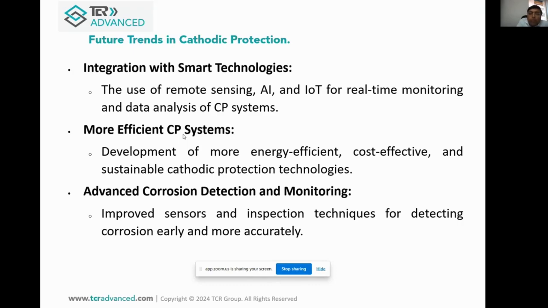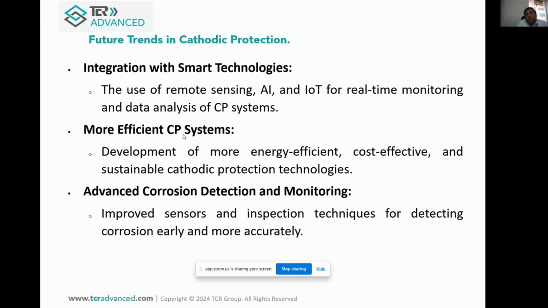Now you can improve this asset integrity of pipelines with the help of cathodic protection by implementing smart technologies. Nowadays, people are implementing it with real-time monitoring and data analysis. We call it remote monitoring, or smart CP stations are also used. You can even develop a more efficient CP system, cost effective and sustainable, with the help of regular checks in your defect-prone areas.